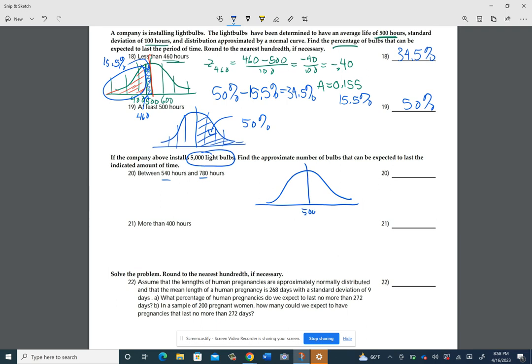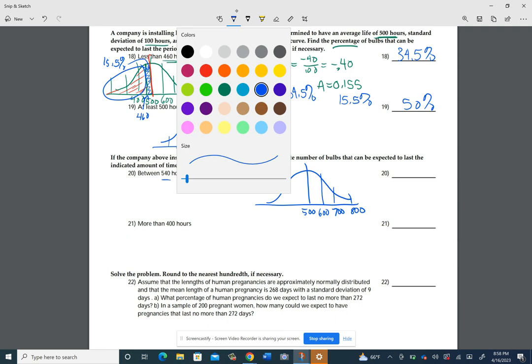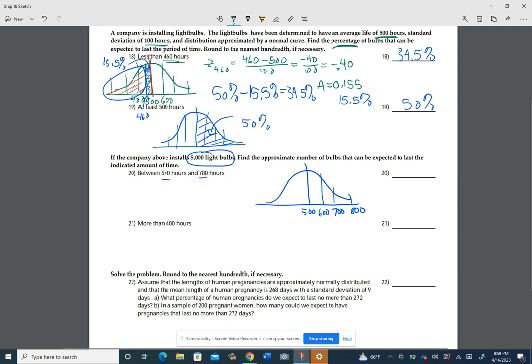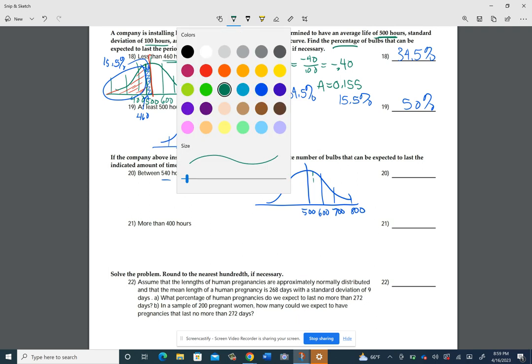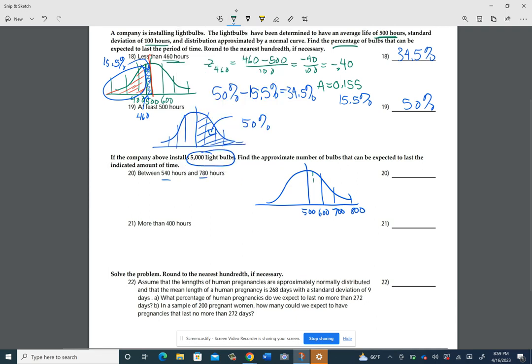Let me think about where those are. The mean is 500. 1, 2, 3 above. 100 was the standard deviation. So the first one standard deviation above the mean is 600, then 700, then 800. So let me change colors. And in green, I'll show the two we're looking for. 540 would be a little less than halfway to 600. 780 would be closer to 800.